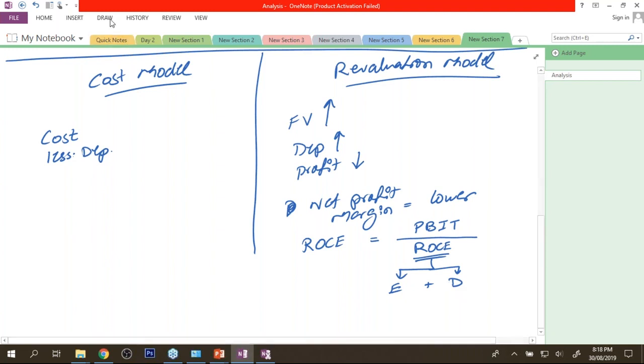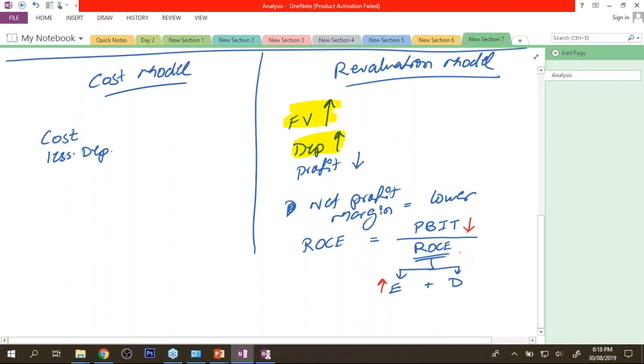Now, when the depreciation increases, this means that the profits will be comparatively decreased. The PBIT will be reduced because of the higher depreciation. Plus, because the fair value was increasing, this means that my equity is going to increase.